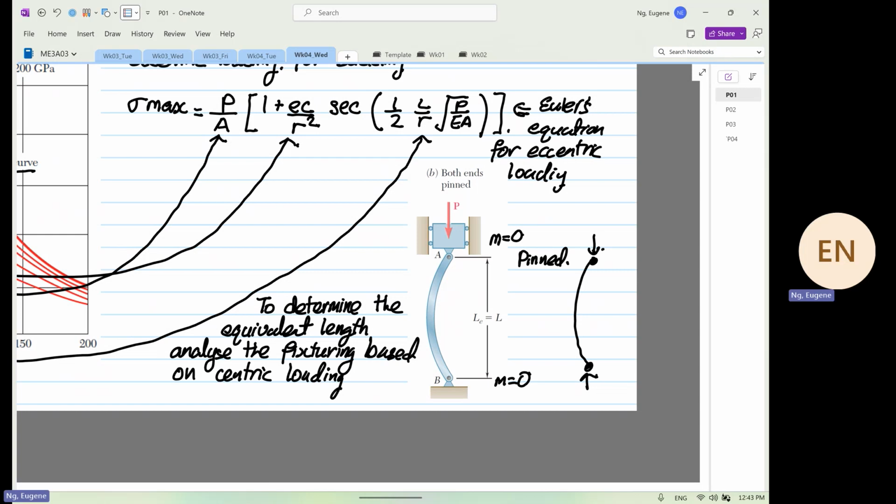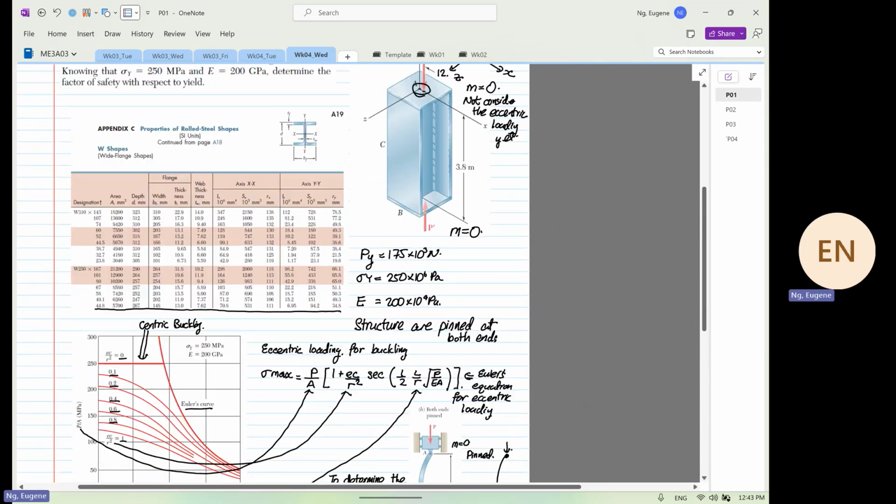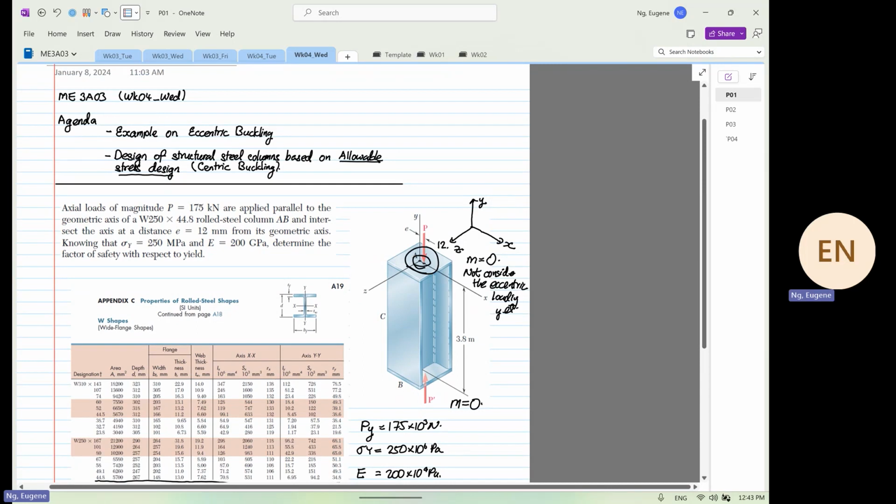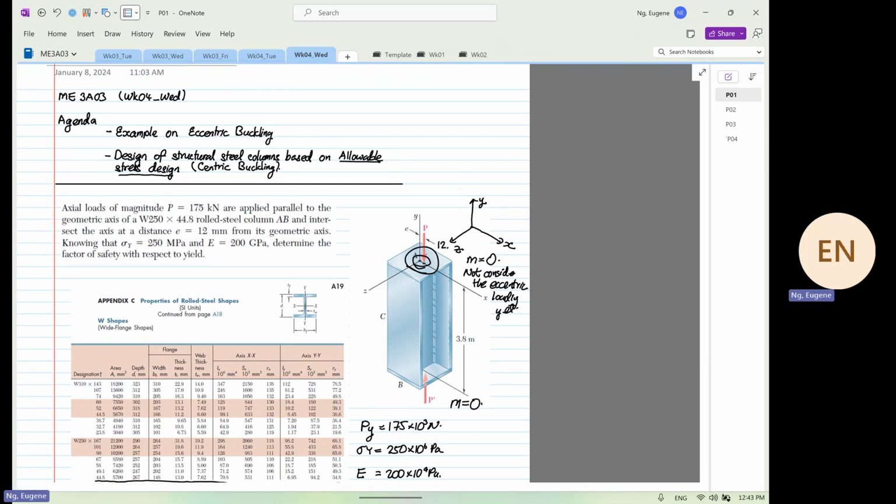I know there'll be some smart one telling me, Eugene, that's wrong because there's a counter moment. Fixturing will not have a counter moment because it's pinned at both ends. Are we clear?